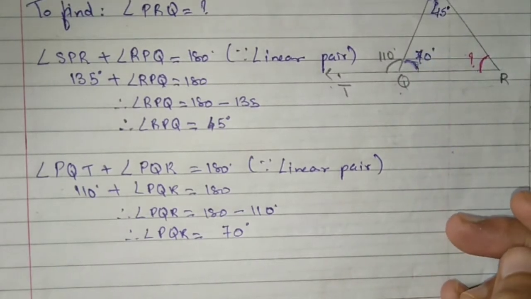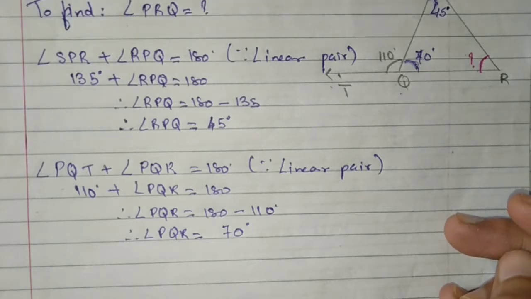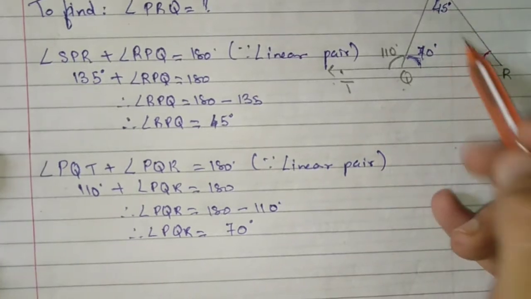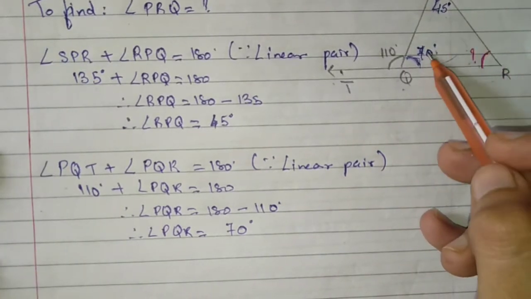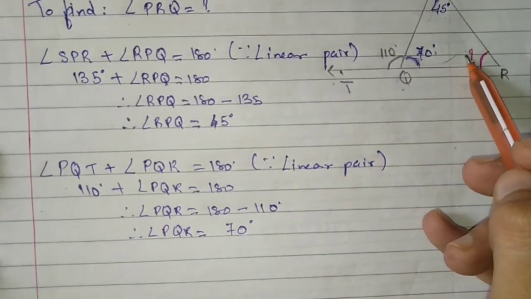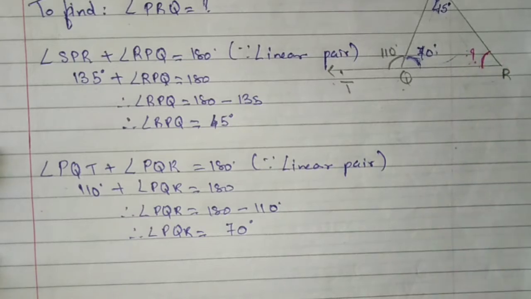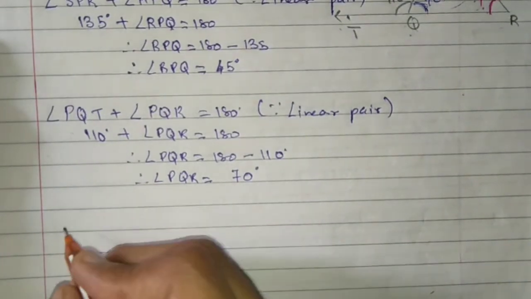Now with the angle sum property, the sum of the angles of a triangle is 180, we can find this one: 45 plus 70 plus angle R equals 180.